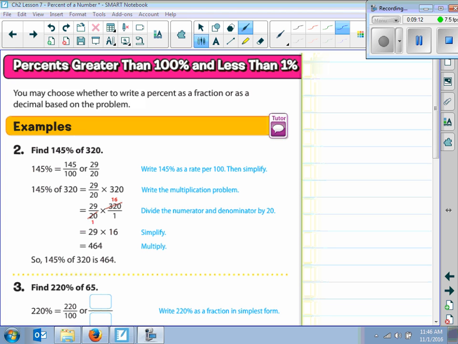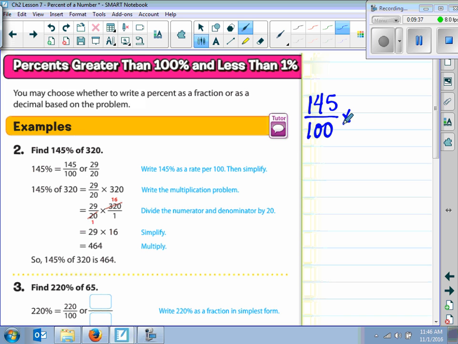So when we rewrite that, here they wrote it as a fraction. Okay? So we have 145 over 100. I'm going to rewrite it over here. 145 over 100. And then we're going to multiply by the number, right? So here, times 320.